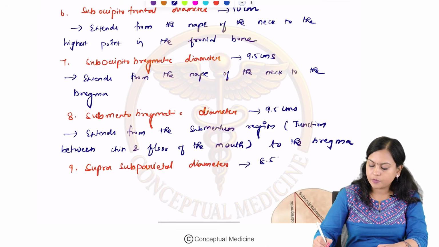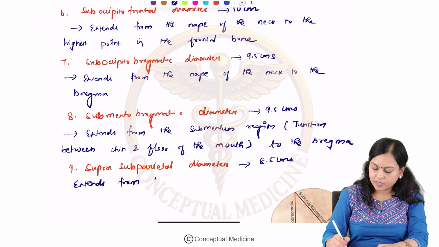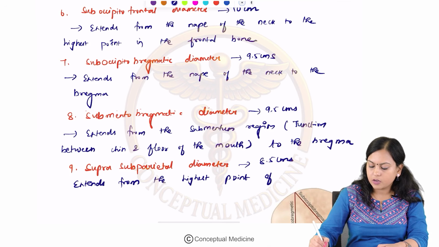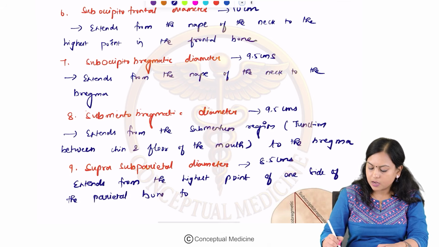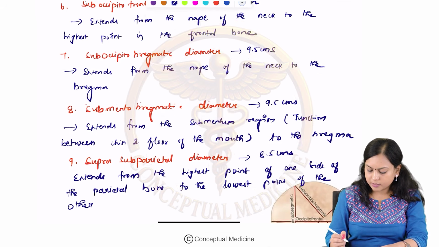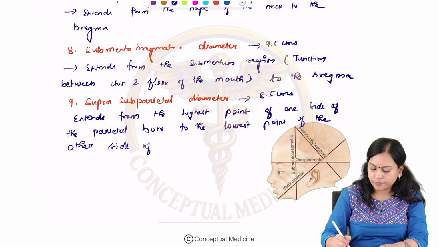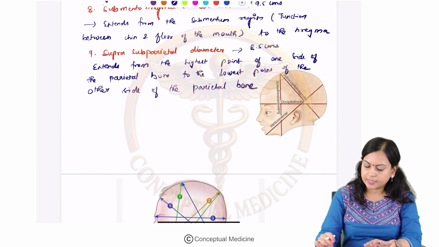This measures around 8.5 centimeters and it extends from the highest point of one side of the parietal bone to the lowest point of the other side of the parietal bone. Okay. So, these are the various diameters of the fetal skull.